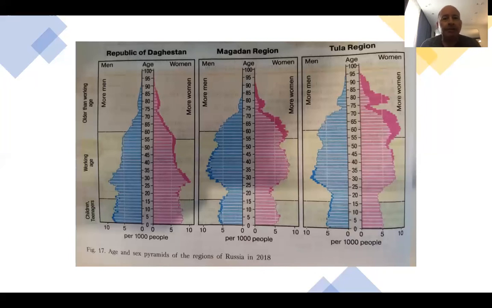In the case of Dagestan, by contrast, the high birth rate means that this is likely to be an area in which the population is increasing, which indeed it is.